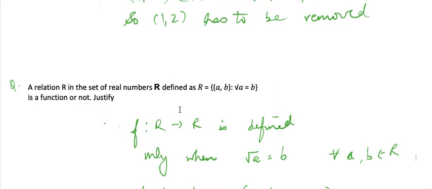See, a relation is a function only when, say, f from R to R, the elements of the domain satisfy the value which comes out in the codomain. f from R to R is defined when under root a is equal to b for all a, b belonging to R. Now what will happen when a is a negative real number? अगर a -2 हो जाता है, -4 हो जाता है, तो R to R defined ही नहीं होगा because negative numbers don't have a square root.